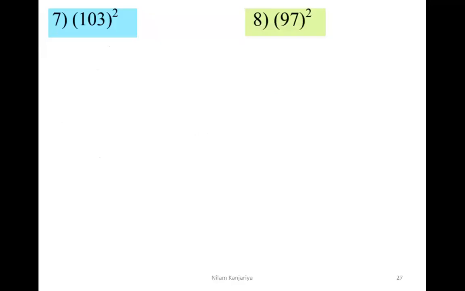I'm starting here with the 7th question. Which identity is used to find it? So we know that this is the square identity, 103 whole square. So here we use the identities of the square.